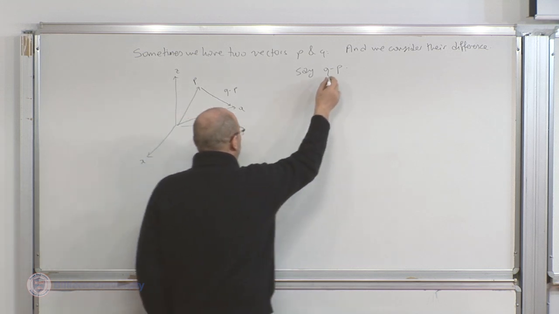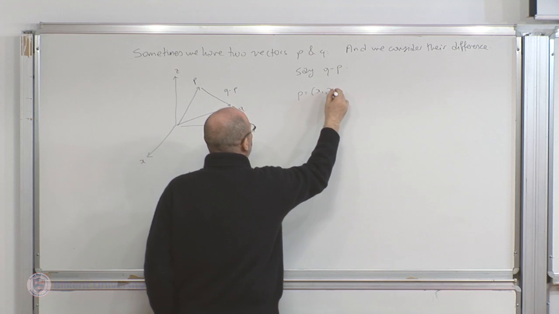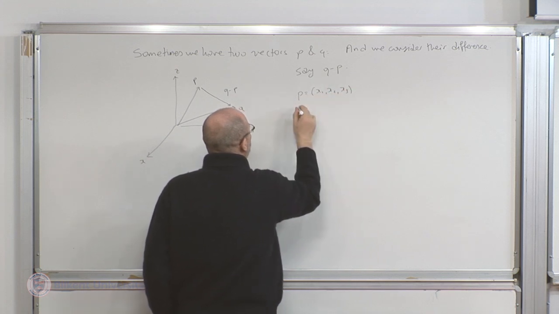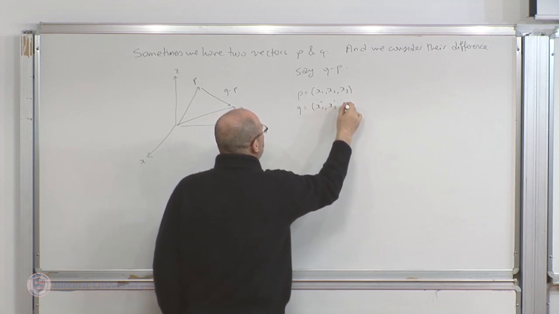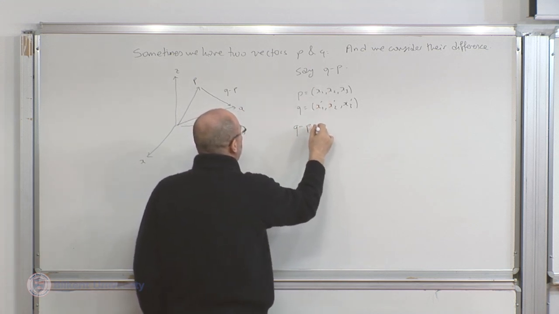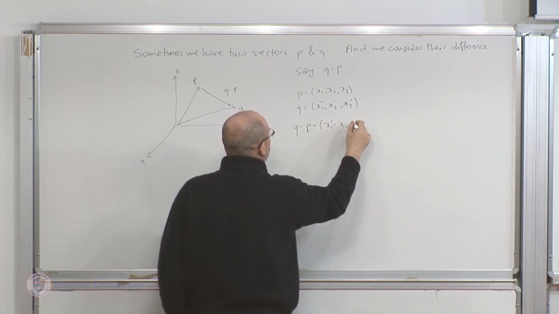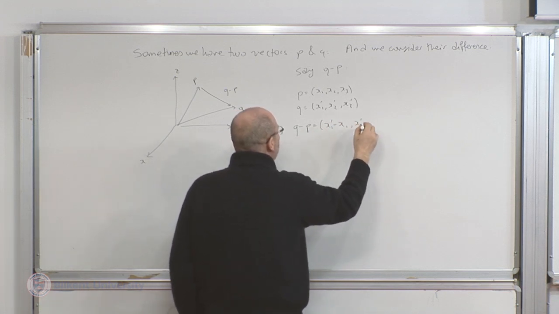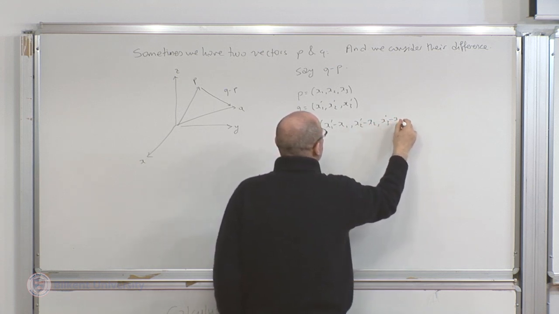Okay, so let's say P is, as we said, x1, x2, x3. Q is, okay, let's be scientific, say x1 prime, x2 prime, x3 prime. Then Q minus P, as we all know, you just subtract these things: x1 prime minus x1, x2 prime minus x2, x3 prime minus x3.